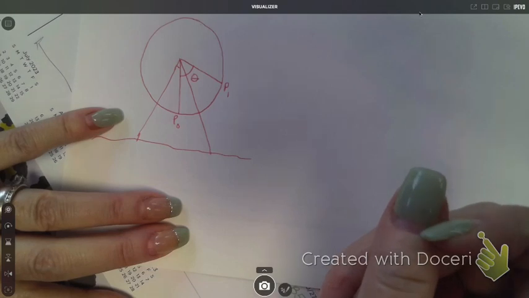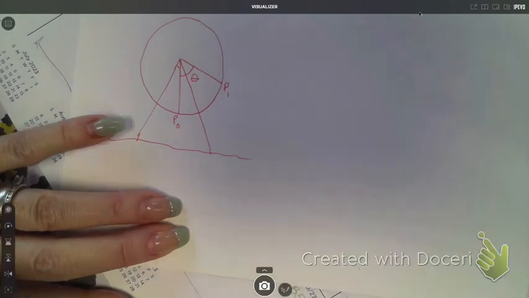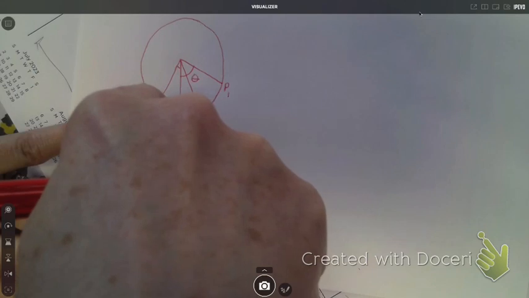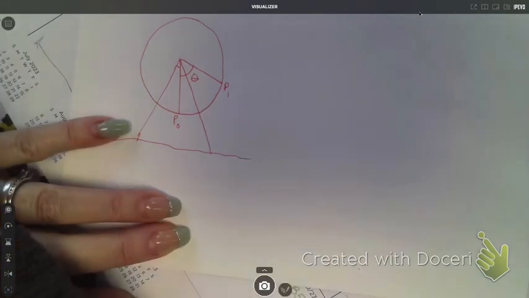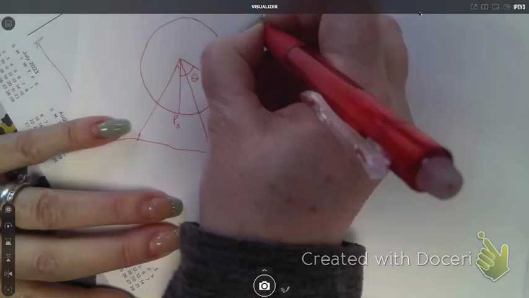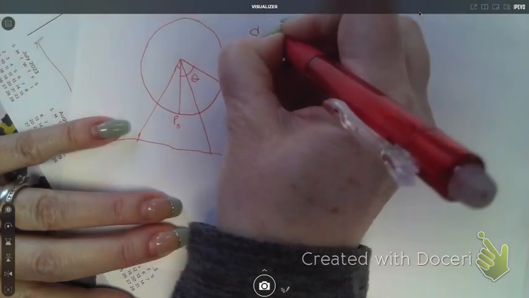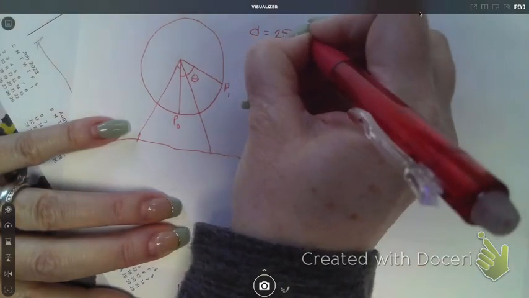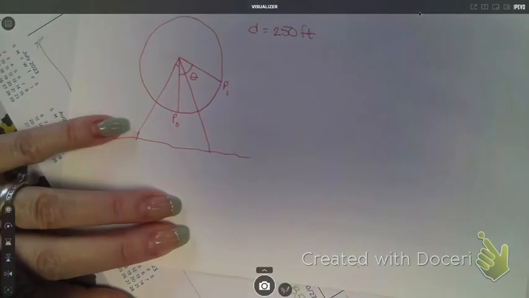Yes. Okay. It says figure 3 is a model of George Ferris's Ferris wheel. Recall that the diameter of the wheel was 250 feet. So D equals 250 feet. Write down the information.